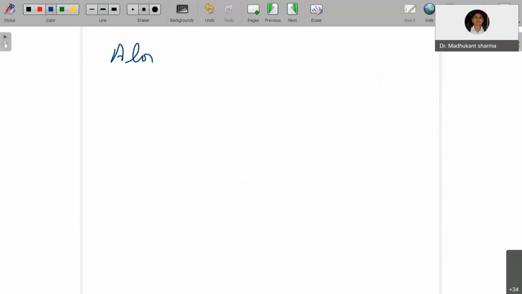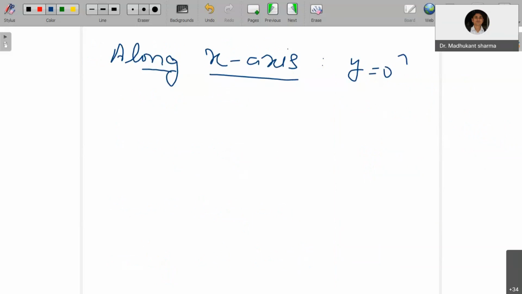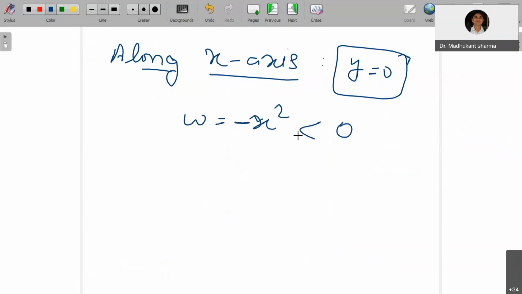Now along the x-axis, y is 0. So w equals y square minus x square gives minus x square, which is less than or equal to 0.